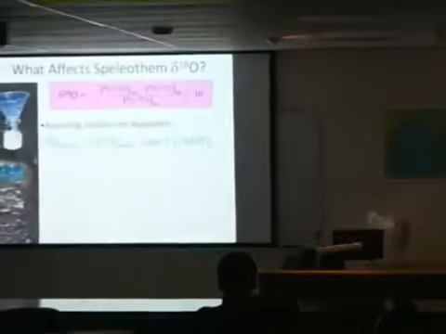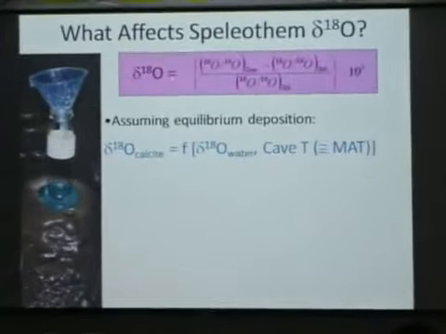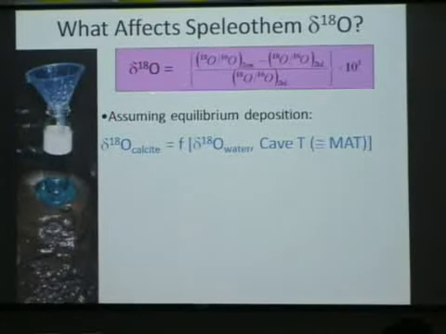Okay, so focusing on the speleothem delta O18, the delta O18 of calcite, or of anything really, is defined here as the oxygen 18:16 ratio in a sample relative to that in a standard, expressed as parts per thousand or per mil.